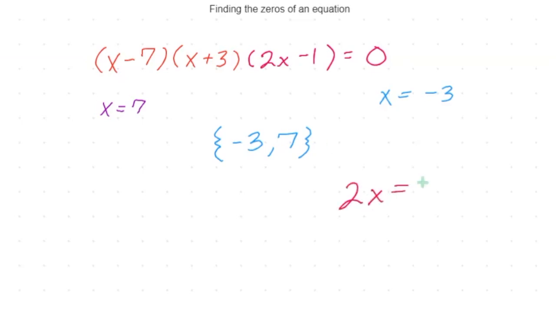What would x have to be? Well, x would have to be 1/2. So then we would write negative 3, 1/2, and 7. Those would be the three solutions to that equation.